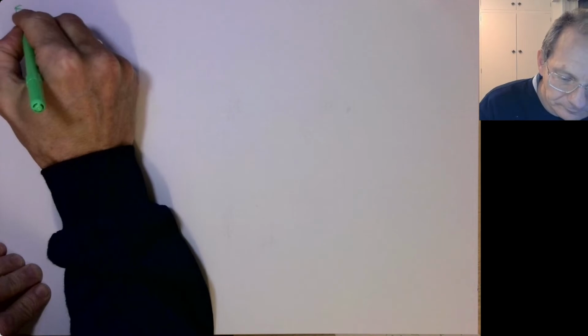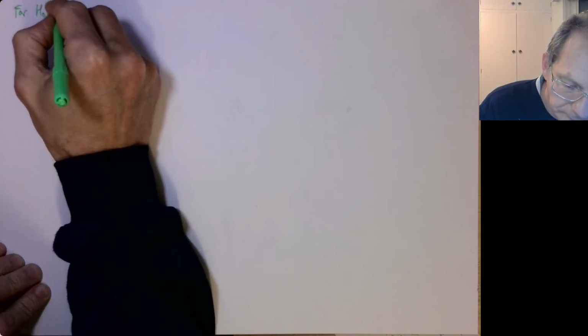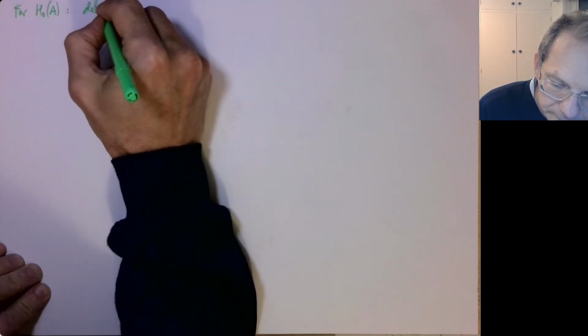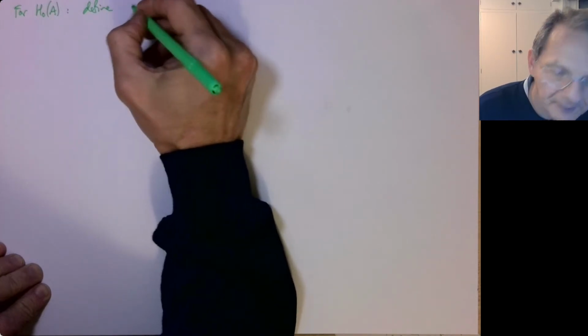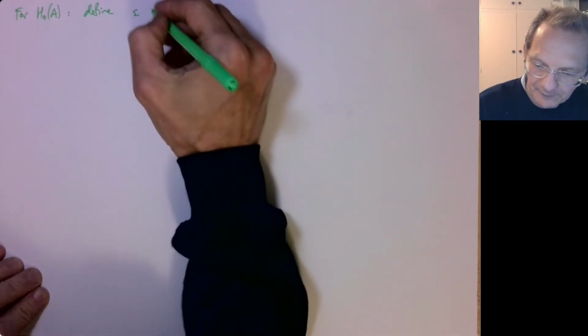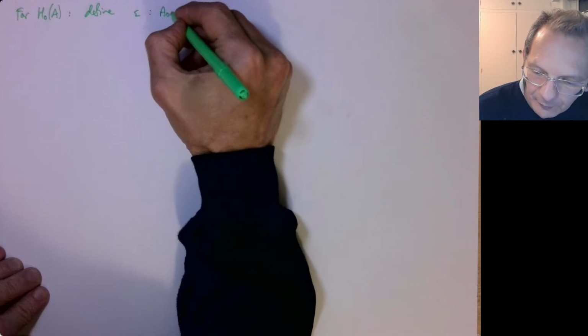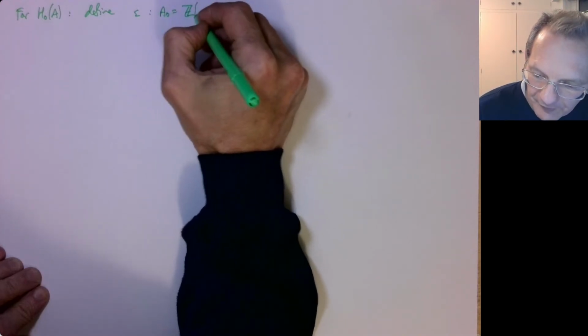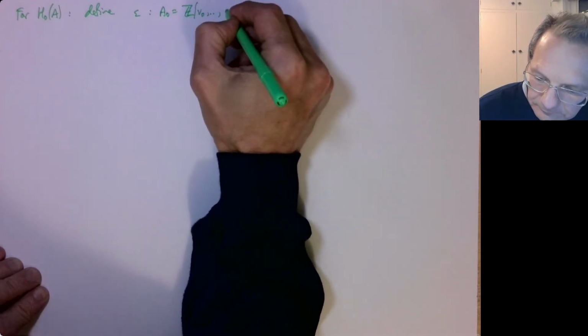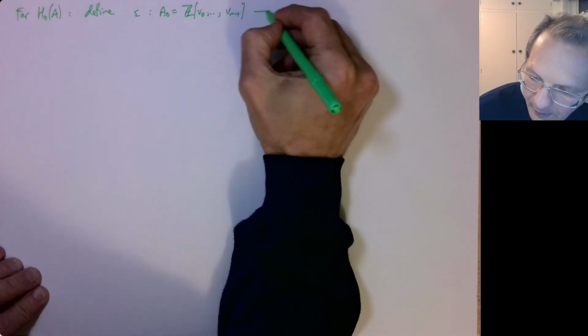Now what about the 0th homology? So I'm going to define a map epsilon. That's going to be from my A0, which remember was the free abelian group on these generators vi, to the integers.